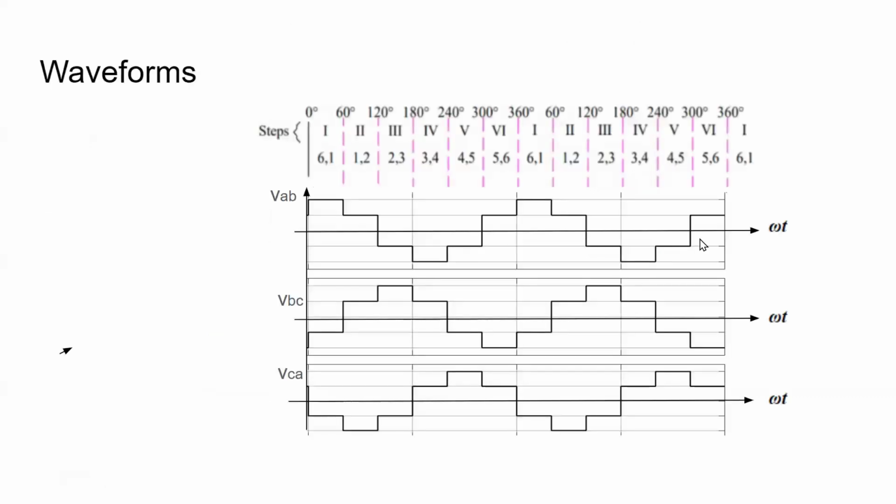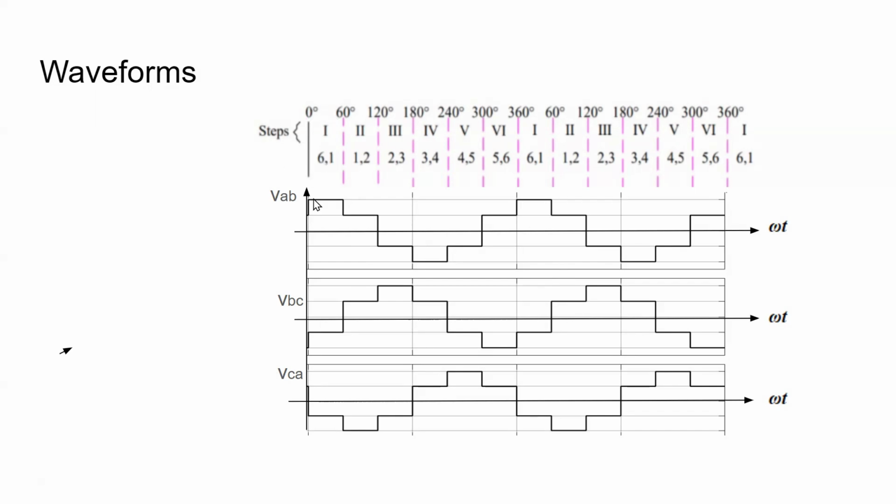So we have obtained the voltages of VAB, VBC and VCA for the 6 modes of operation. And so we can draw all the voltages VAB, VBC and VCA for the 6 modes. This waveform shows the waveform of VAB, VBC and VCA drawn for 2 full cycles.